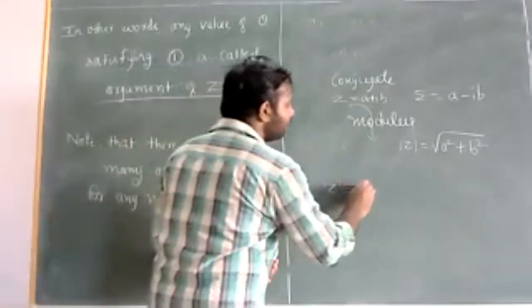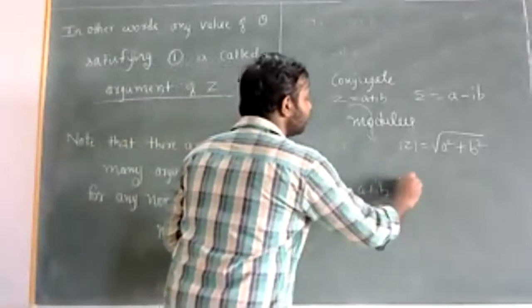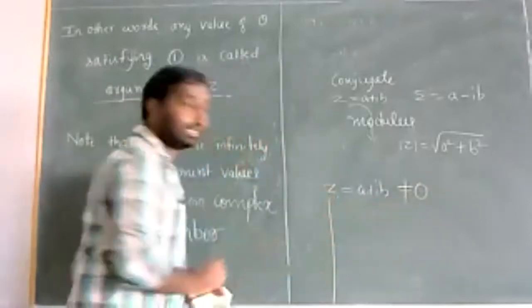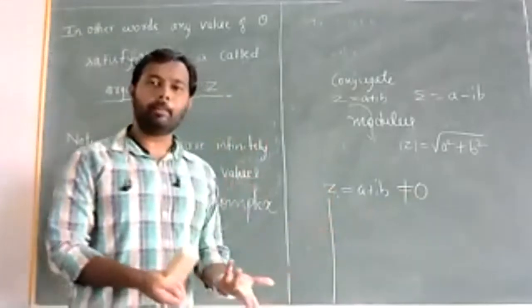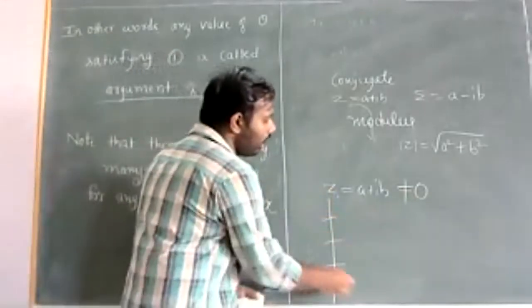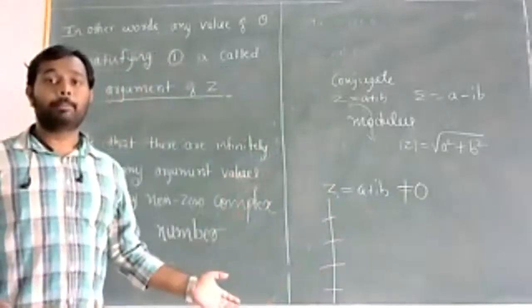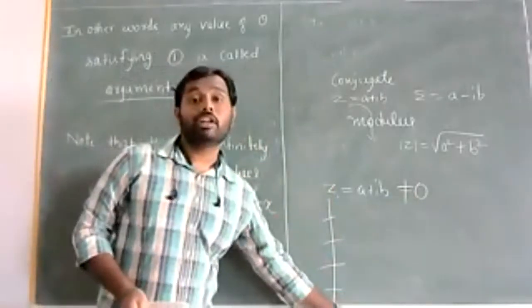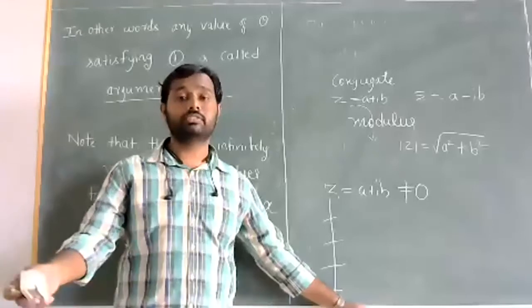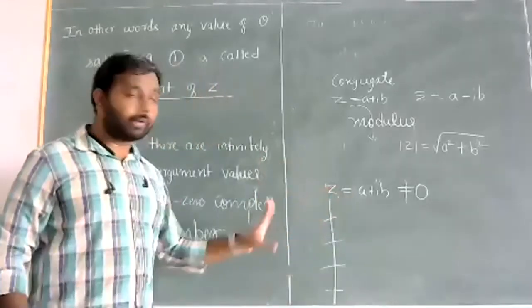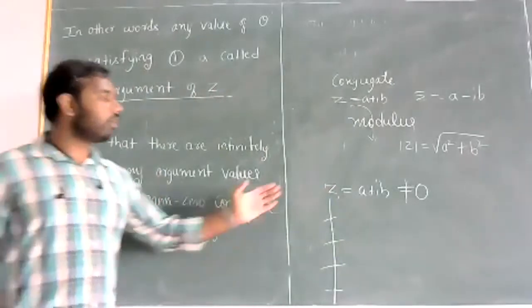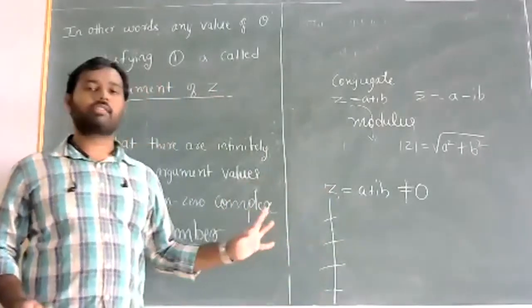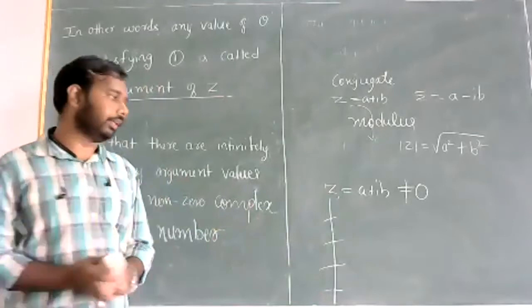For a given non-zero complex number we have infinitely many argument values, and in proving some results possibly you can take any of those, but the result will not be standard across the world, right? So to overcome that, we'll choose a standard argument value for calculation purposes or for proving any result.